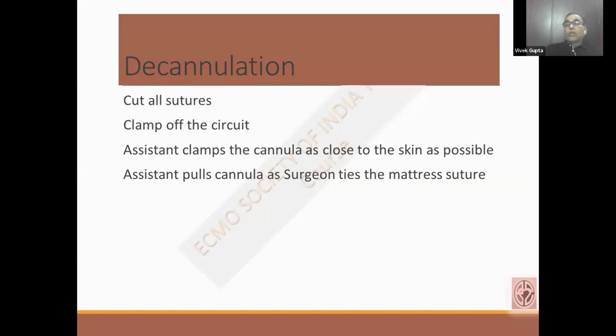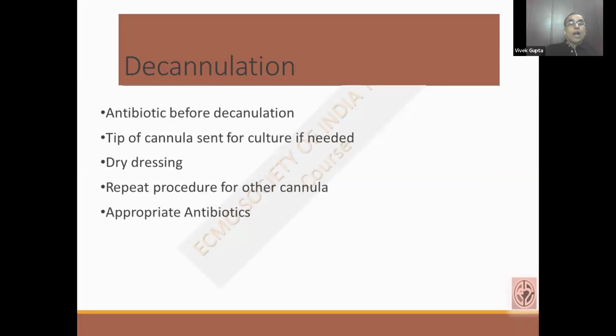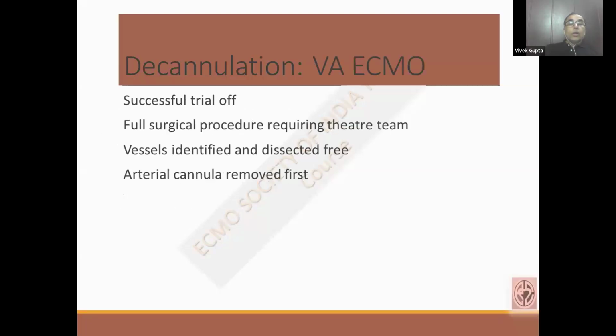For the decannulation of VA-ECMO, the surgeon has to cut all sutures, all lines are to be clamped, and you have to give antibiotics. You do it surgically, and the arterial cannula is removed first after repairing, and arterial repair has to be done for VA-ECMO arteries.